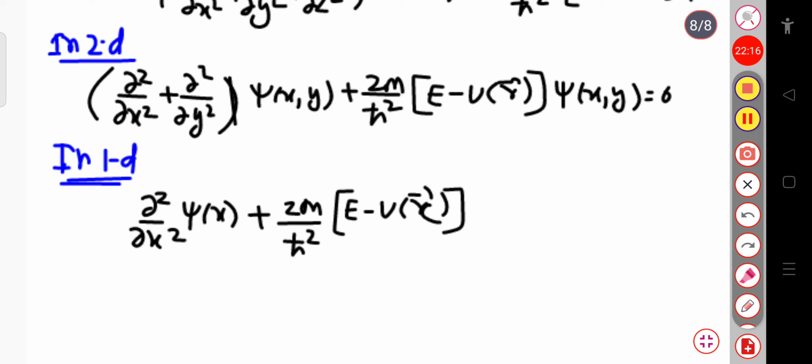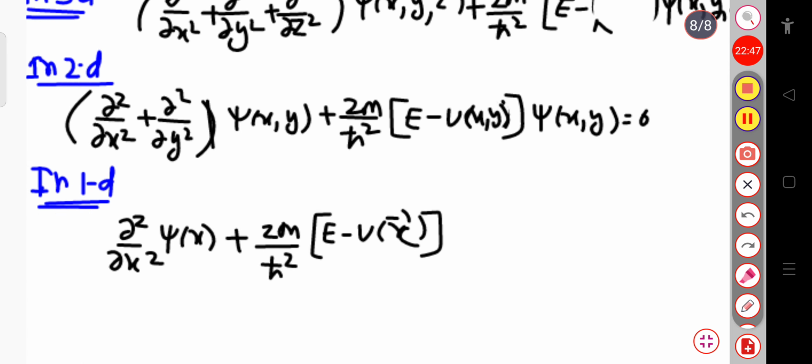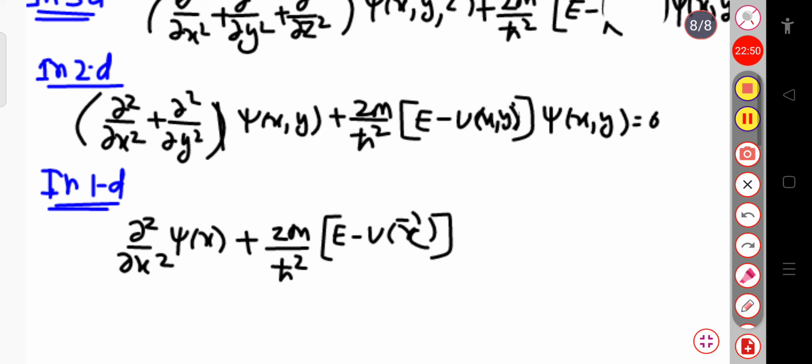Let me correct this: U(r) here means U(x,y,z) in 3 dimensions, U(x,y) in 2 dimensions, and in 1 dimension U(x), ψ(x), that is equal to 0.